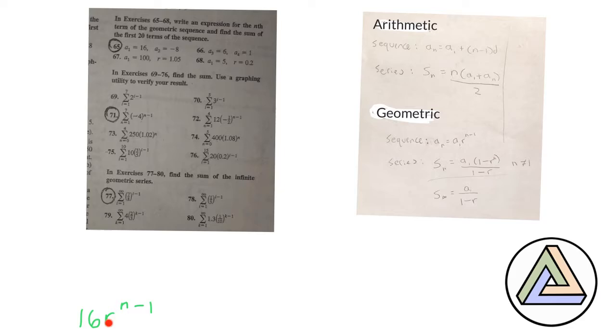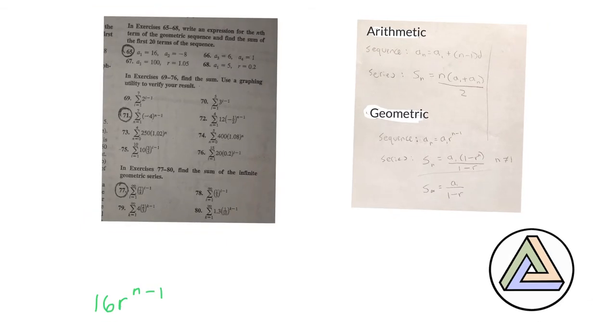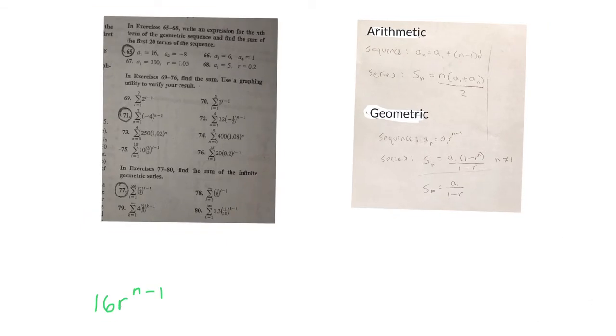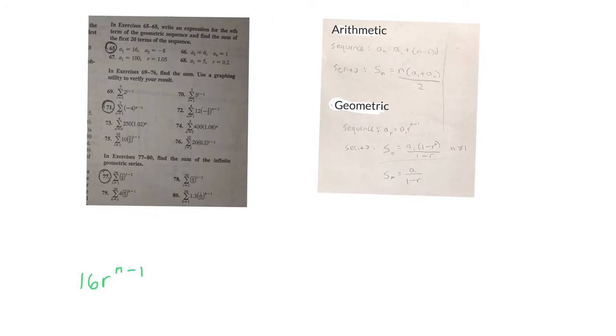So we need r, don't we? Once again, believe it or not, I would bust out the table even for this one. Let's take a look at the table now. It's kind of a weird table because we're only dealing with two numbers right now, a sub 1 and a sub 2.